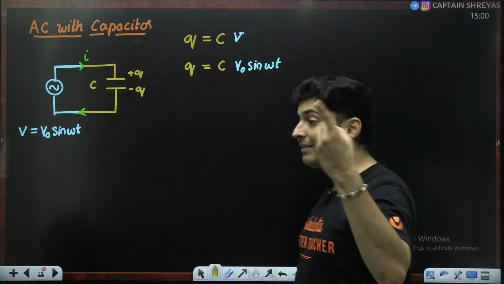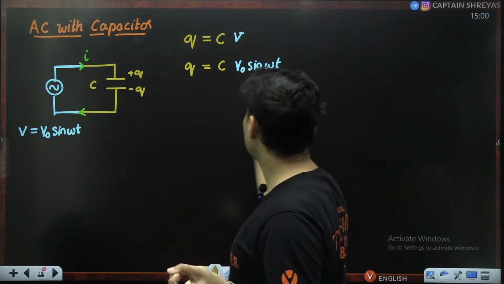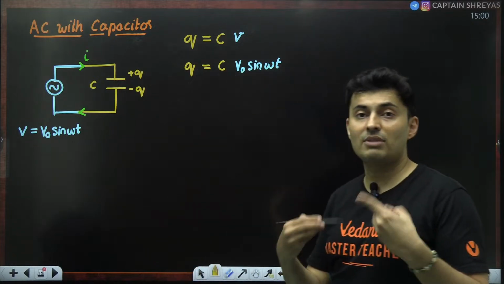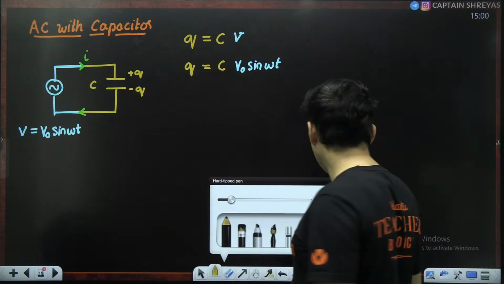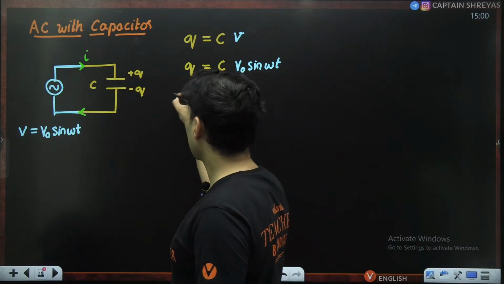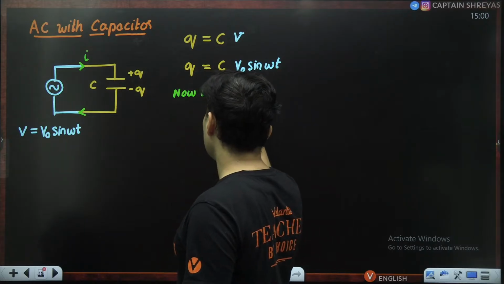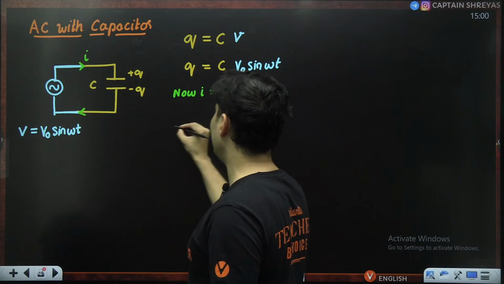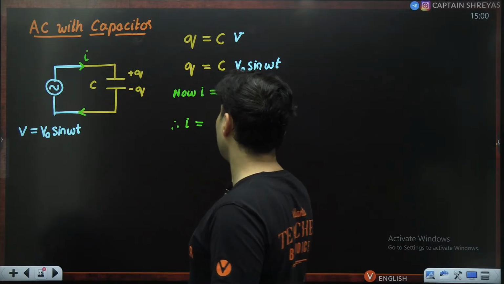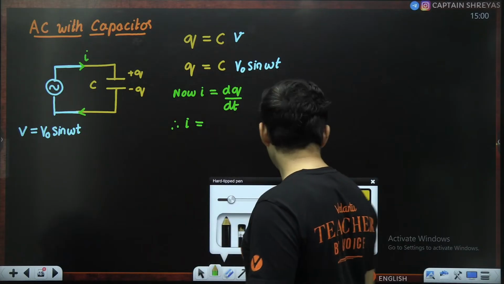This charge will depend at which time you are seeing it, so the charge will keep changing with time. Therefore, if I try to find the current, it is nothing but the rate of flow of charge, dq by dt.